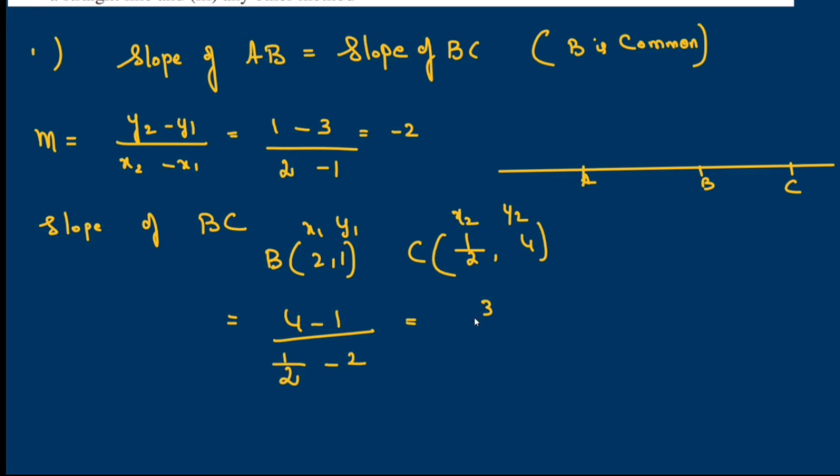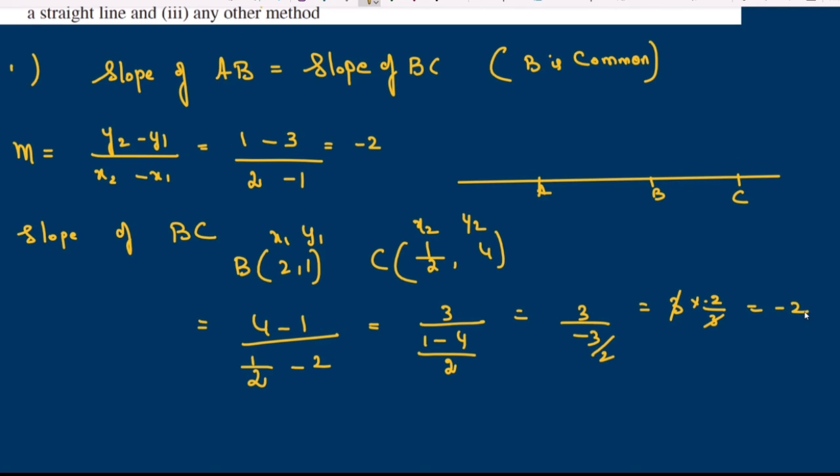So 3 divided by, take the LCM, 1 minus 4 by 2. So that is 3 by minus 3 by 2, that is 3 into, take the reciprocal, 2 by 3, minus 2. You are getting it again.